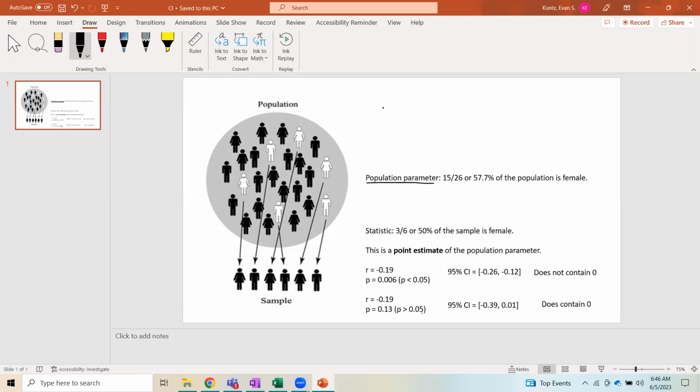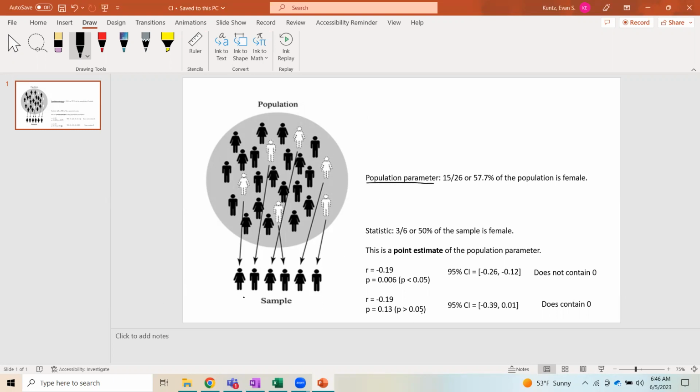However, typically researchers are not capable of conducting a census because it's kind of impossible to survey every single member of a desired population which you were studying. And so this is where a sample comes into play.